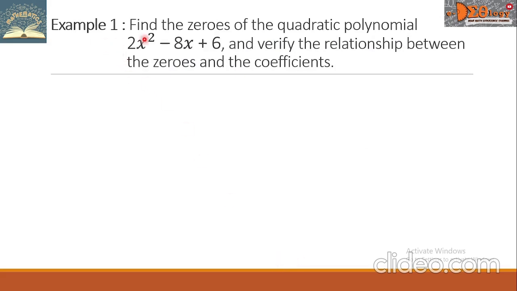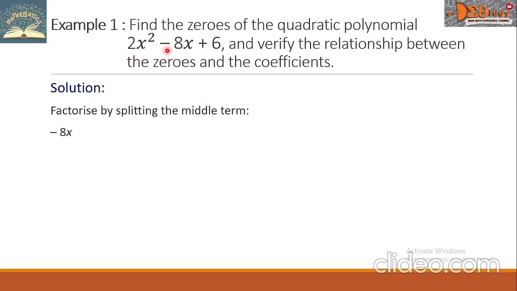Example 1. Find the zeros of the quadratic polynomial 2x squared minus 8x plus 6 and verify the relationship between the zeros and the coefficients. Let us factorize the trinomial by splitting the middle term.